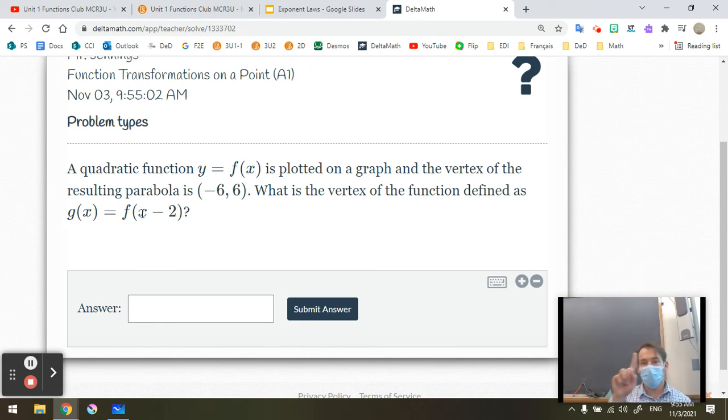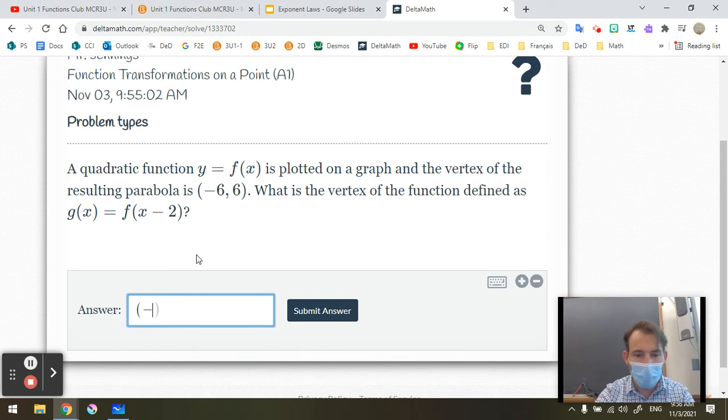That moves it 2 in the positive direction of x. So that's going to move this 2 to the right. Here is my x value. What will be my new x value of this parabola? Negative 4. Very good. So this is negative 4, 6 will be the new location.